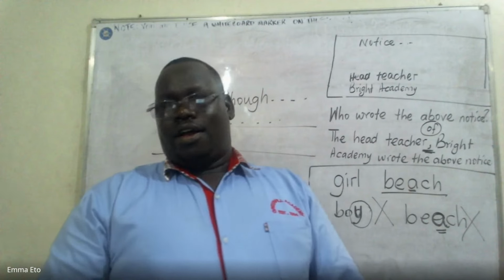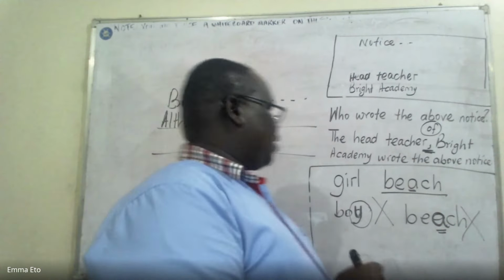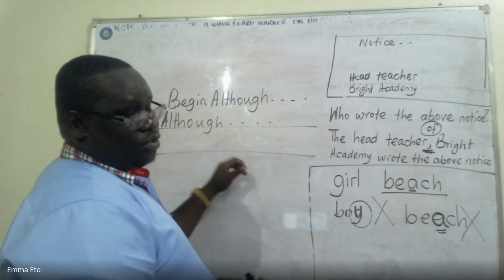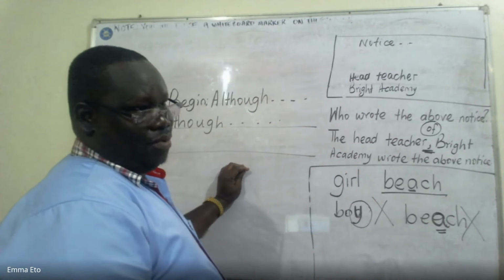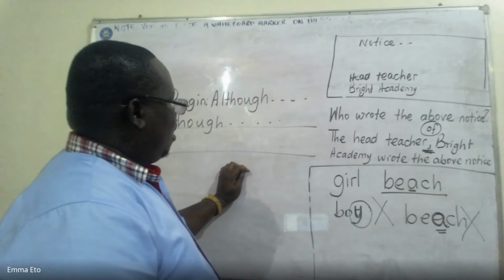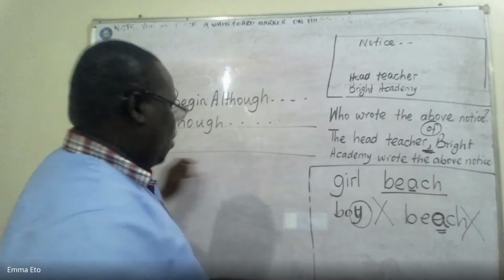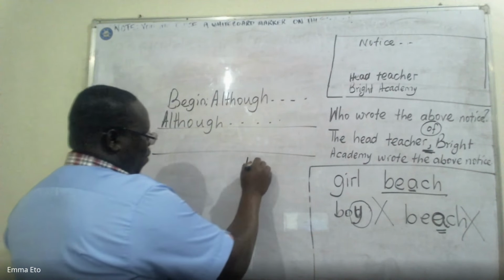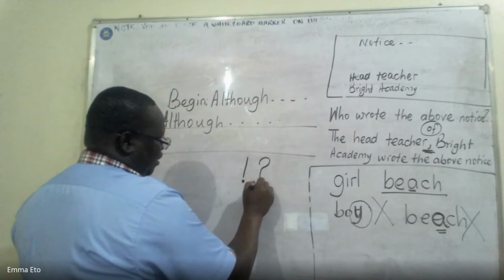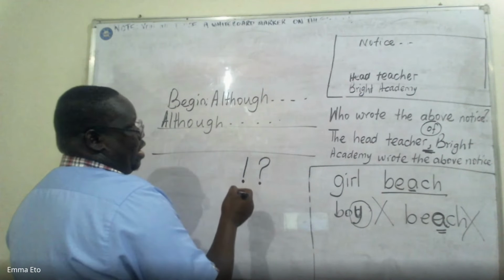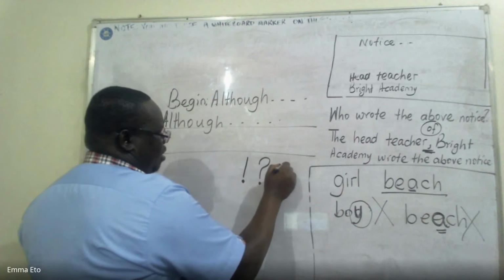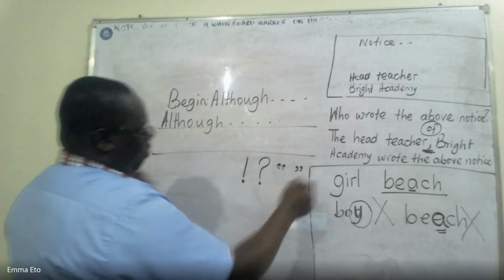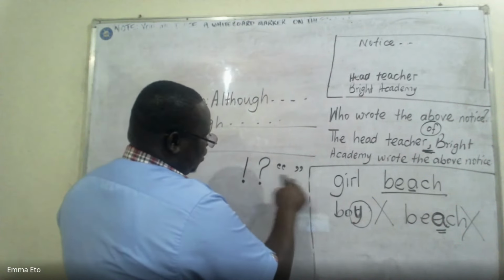Then, the punctuation marks. I would say all punctuation marks must be treated with the utmost care. But the most dangerous of all, where an exclamation mark is needed, where a question mark is needed, if it is direct and indirect, the inverted commas, they should not be directly proportional to the statements.